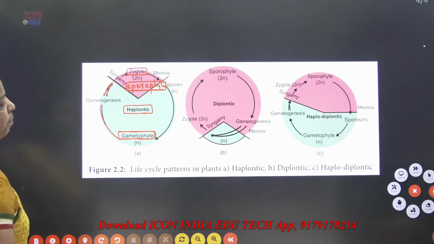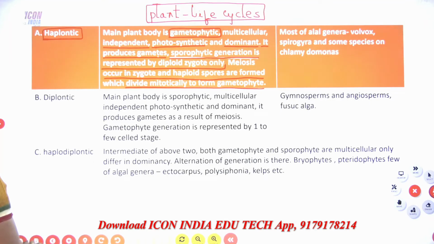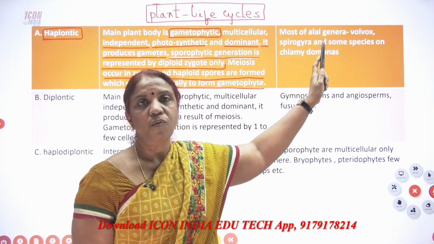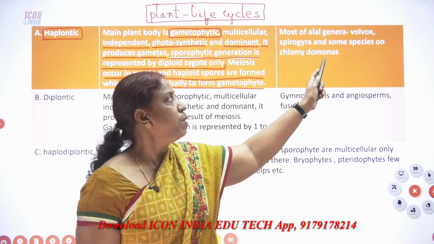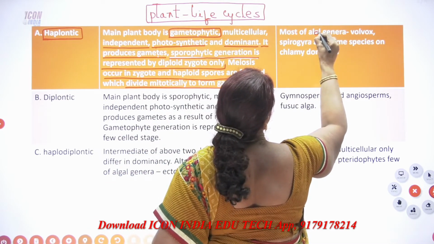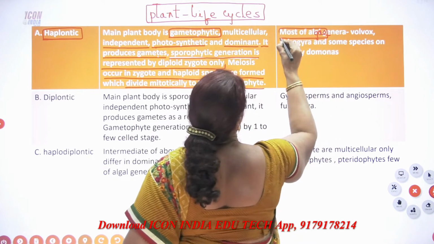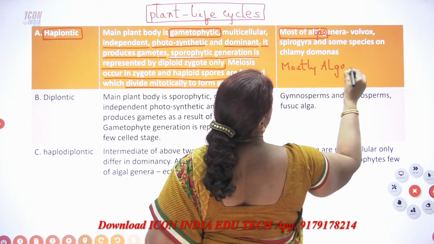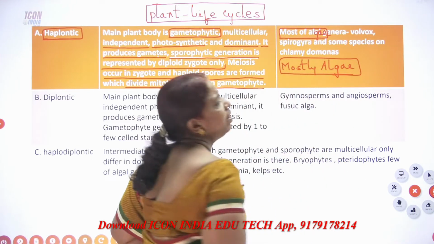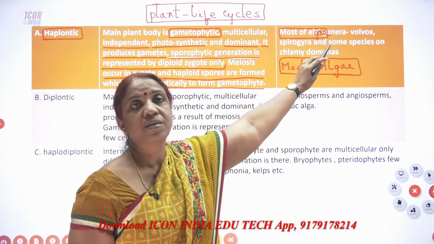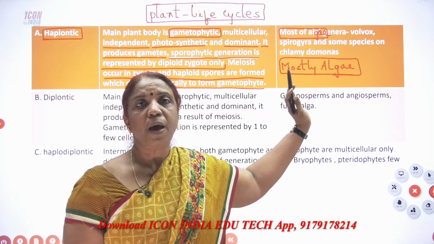The haplontic life cycle is seen in most of the algal members, for example Volvox, Spirogyra, and some species of Chlamydomonas.